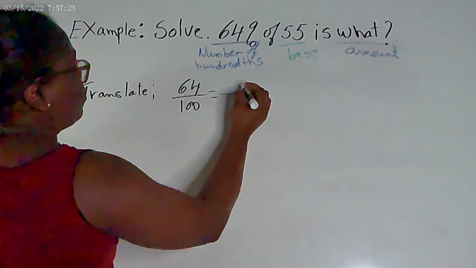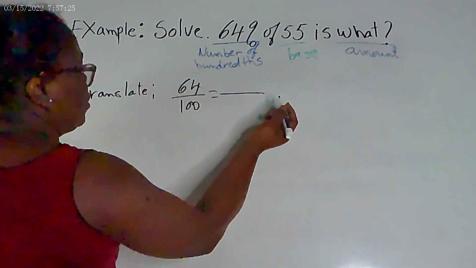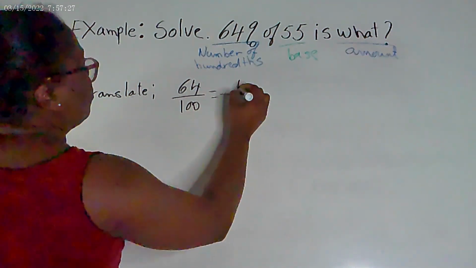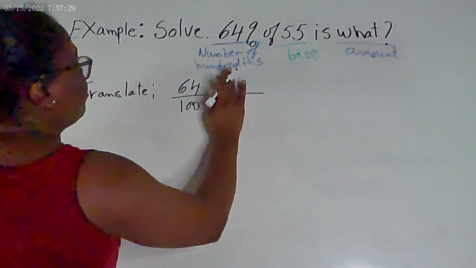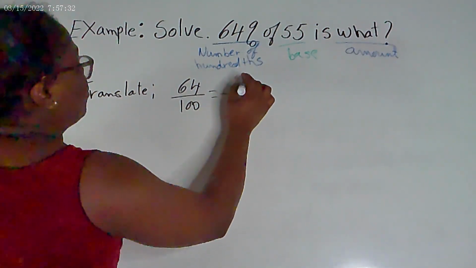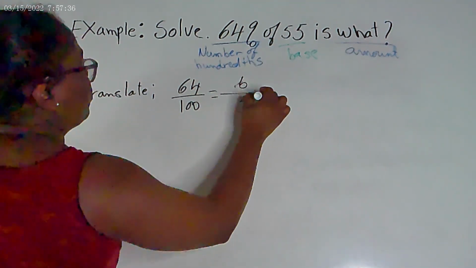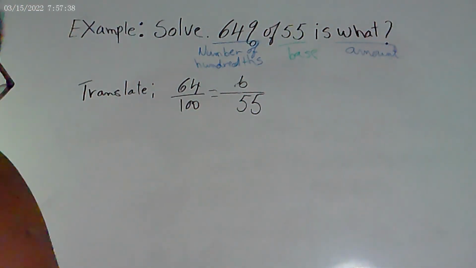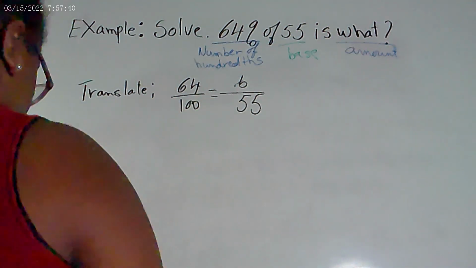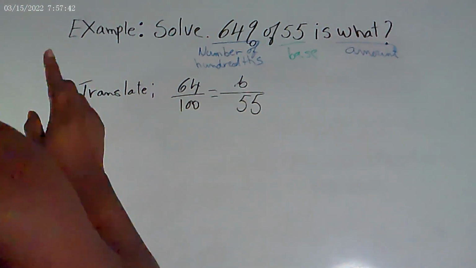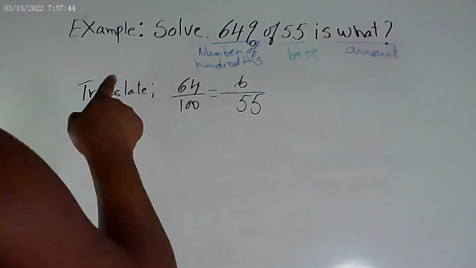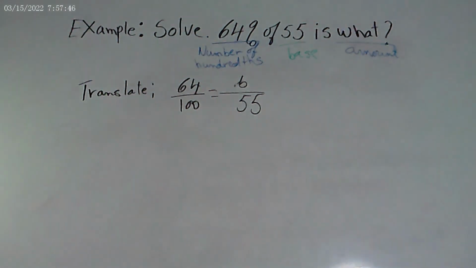The base is 55. Okay, we're going to have 64 over 100 and b over 55.